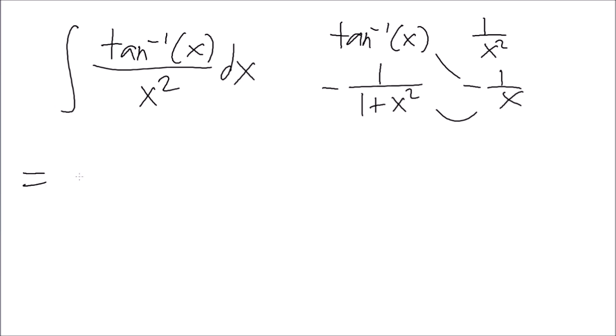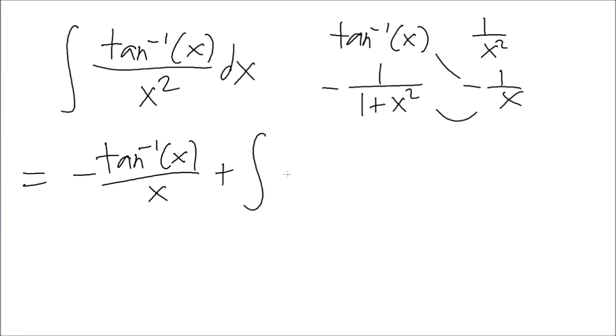So now this is just equal to negative inverse tangent of x over x plus the integral of 1 over x times 1 plus x squared dx. Uh-oh. What do we do with this integral? Yep, we do a zero substitution so that we can do a bunch of cancellations here.